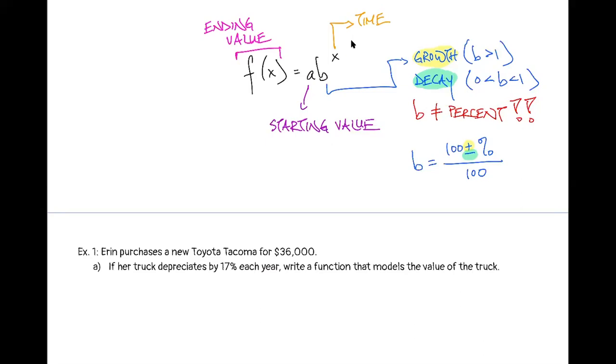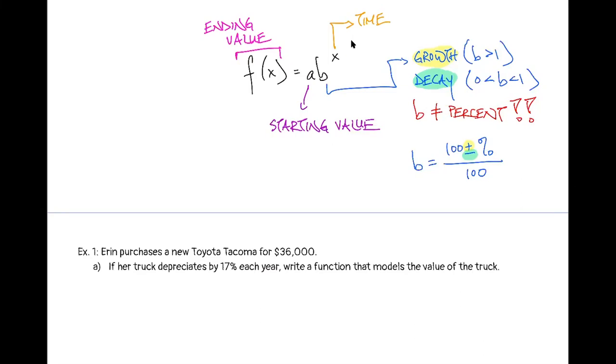Now, every time you drive your car or your truck or your vehicle, the moment you drive it, the value of that goes down.